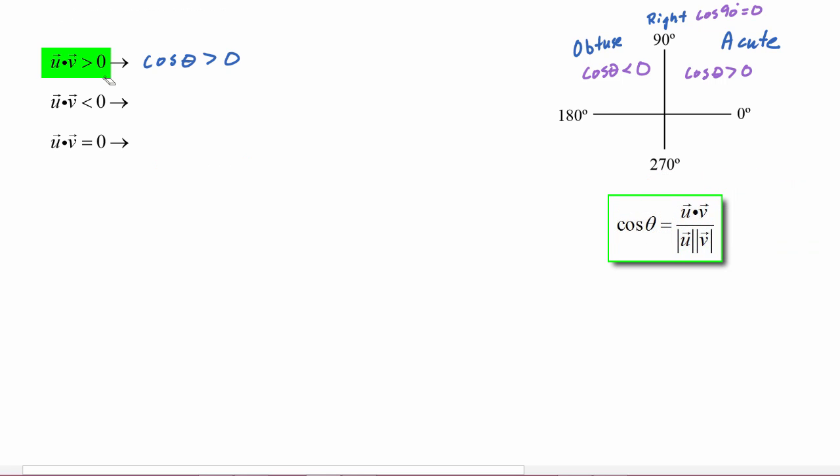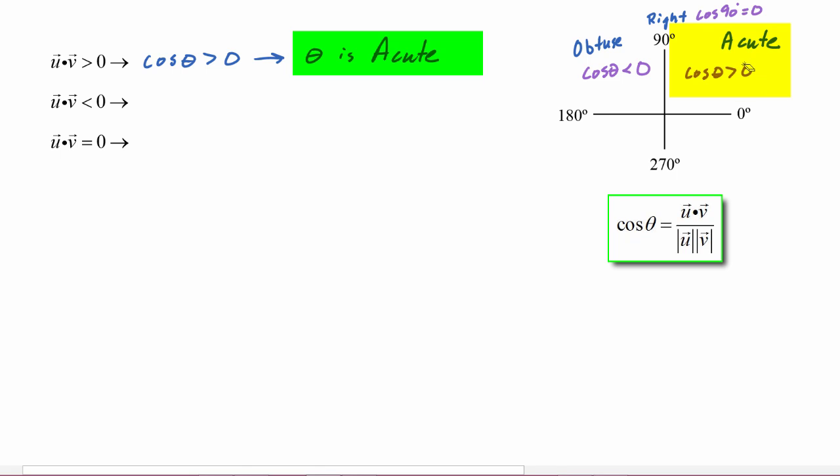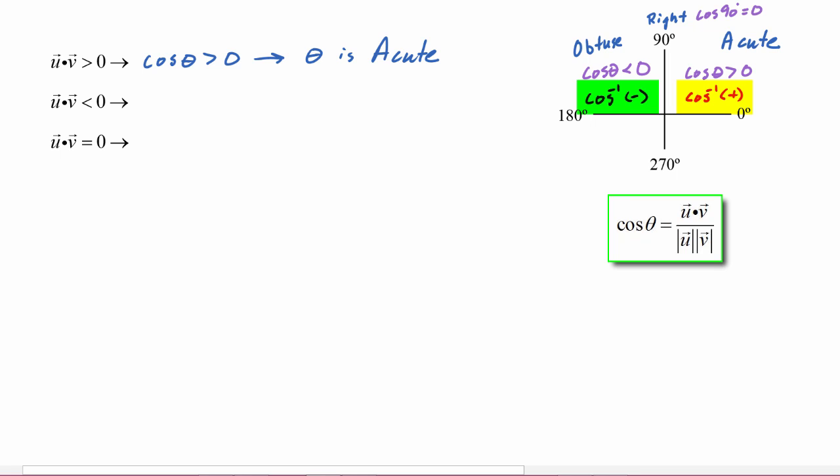So if the dot product is positive, cosine is positive, which means theta is acute. We saw here that when the cosine is positive, we're getting an acute angle. Another way to think of this, of course, is using the inverse cosine. Cosine inverse of a positive outputs an angle in quadrant 1, and cosine inverse of a negative outputs an angle in quadrant 2.